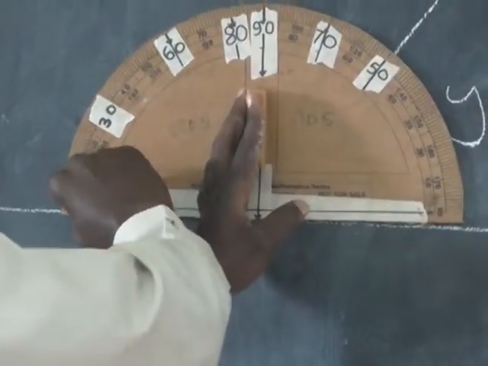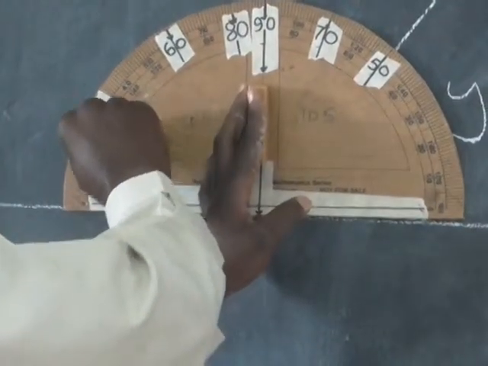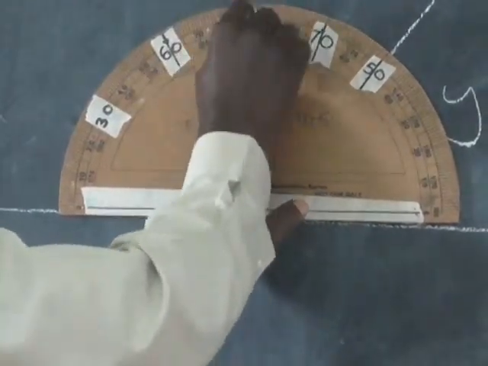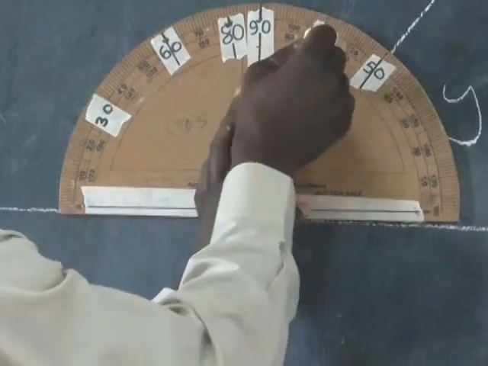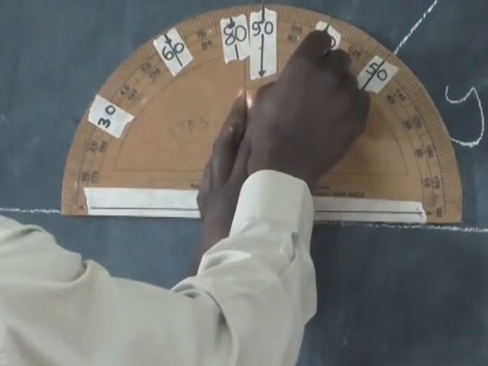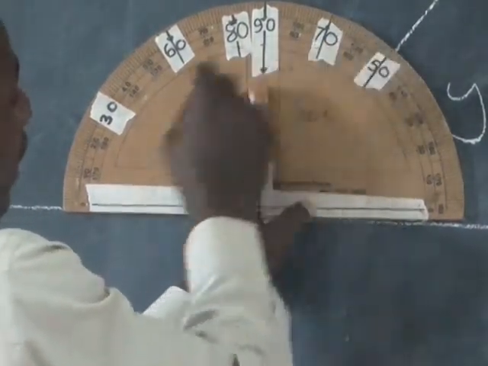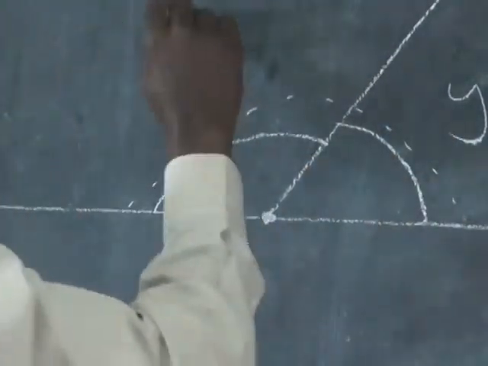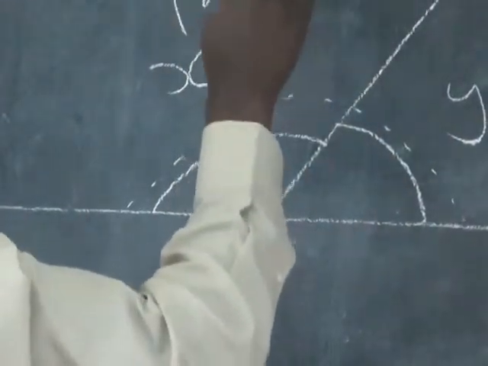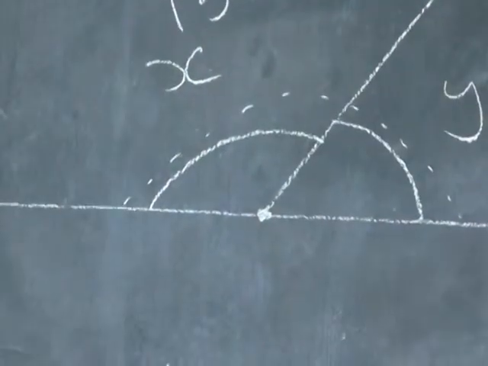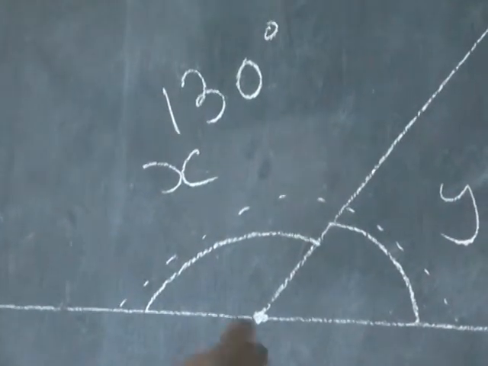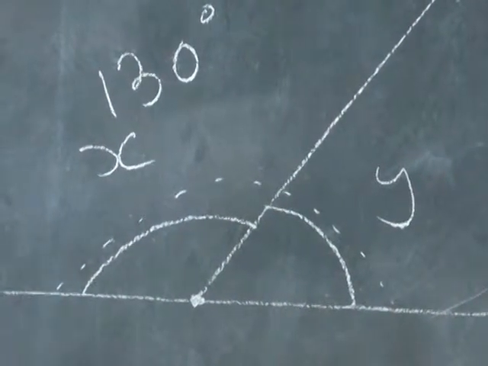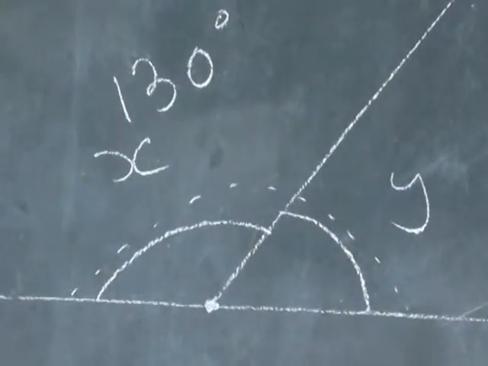Very good. 0, 10, 20, 30, 40, 50, 60, 70, 80, 90, 100, 110, 120, 130. Therefore, this angle is 130 degrees. Let us say X is equal to 130 degrees.